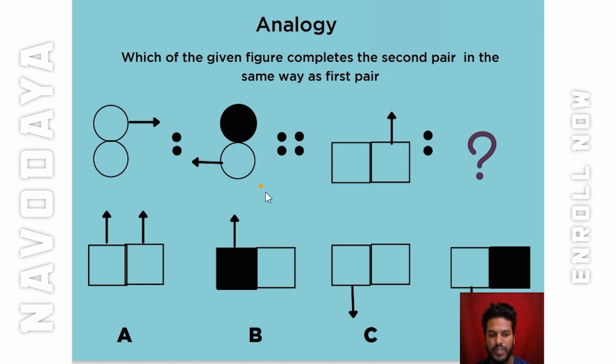Just observe the second figure in the first pair, where the direction is shown. On the top side we have the circle which is completely shaded black. The bottom circle is empty and the arrow direction is towards the left.